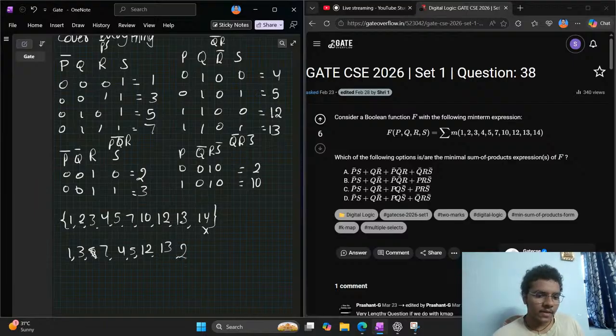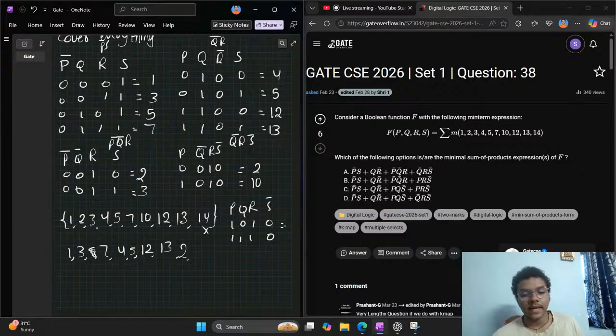Both of them are present. And P R S bar: 1, 0, 1, 0, and it can be 0 or 1. So that is 8 plus 2, that is 10, and 8 plus 4, 12, 12 plus 2, that is 14, 10 and 14.